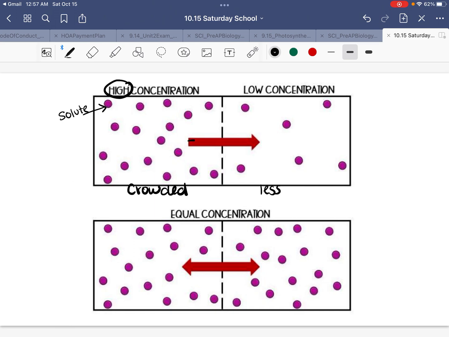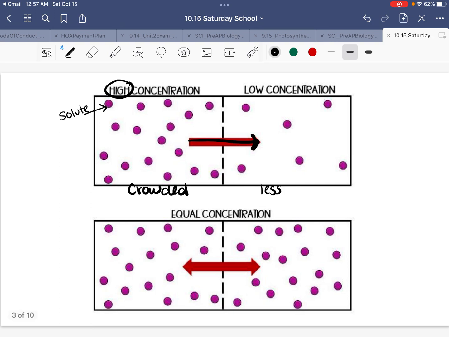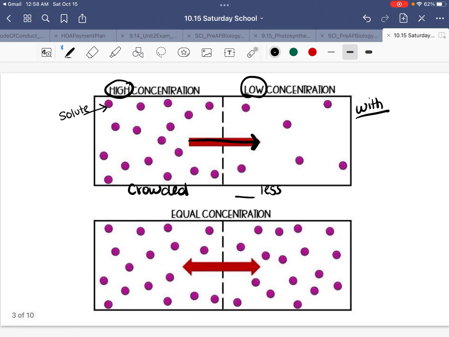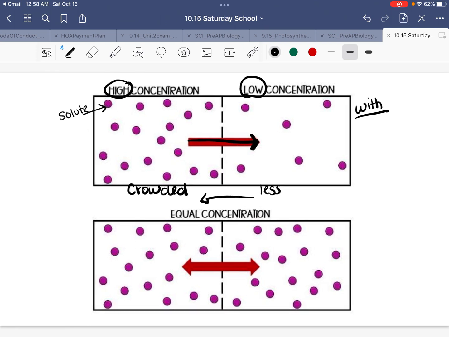Naturally, you go from crowded to less crowded. Naturally, this is going with your concentration gradient, going from high to low. On the other hand, when you go against the concentration gradient, you're going from low to high. You're going into the crowd, so you need energy. This is specific for active transport.